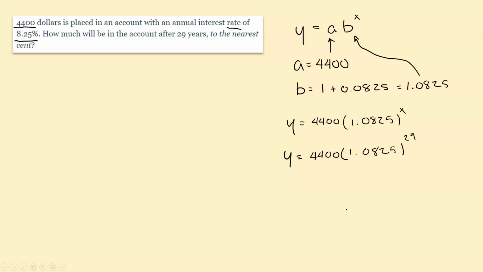Now we just need to use our calculator. You first take this 1.0825 to the 29th power, which is 9.963433853. Then you take that value and multiply it by the 4,400.